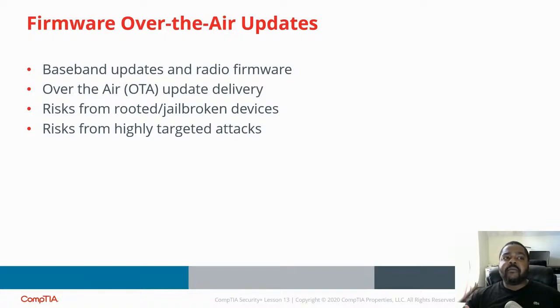So overall, we want to make sure that we have our mobile devices patched as much as possible to ward off any type of vulnerabilities that may be on them. Just like how we take care of our PCs, laptops and servers, we want to take that same approach when it comes to the firmware on our actual phones.